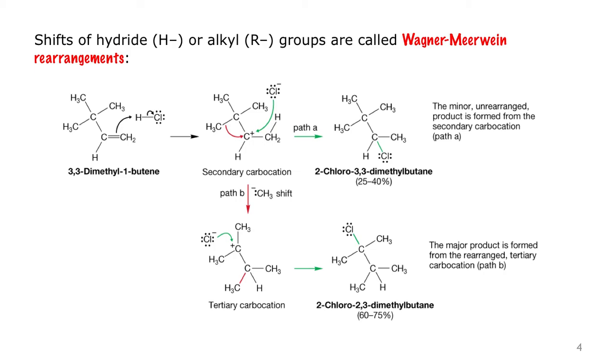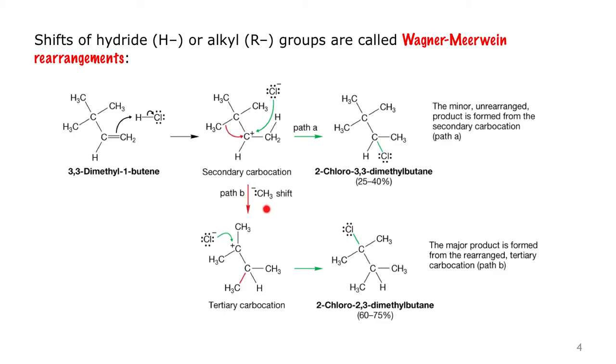Again, we can think mechanistically about the electrophilic addition occurring. This one begins just like the previous one, so we're going to get a Markovnikov addition of hydrogen, producing initially a secondary carbocation. But in this case, we can get an alkyl shift, so a methyl group moves over in the same fashion.